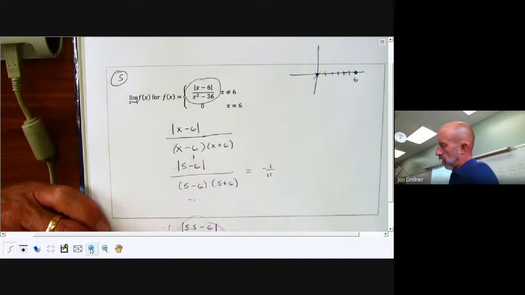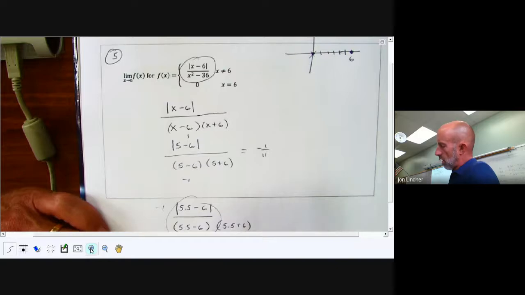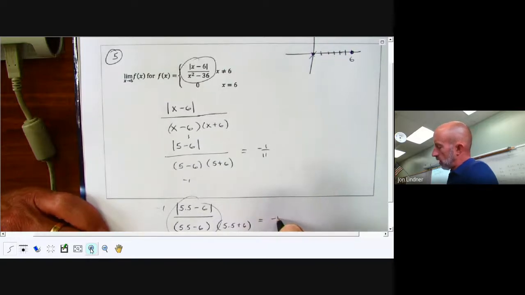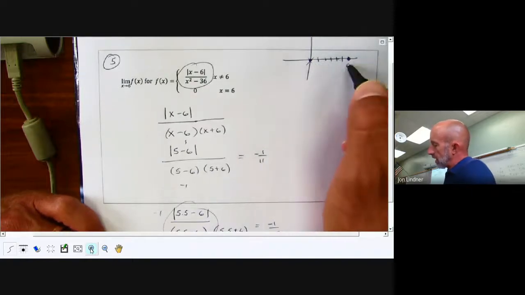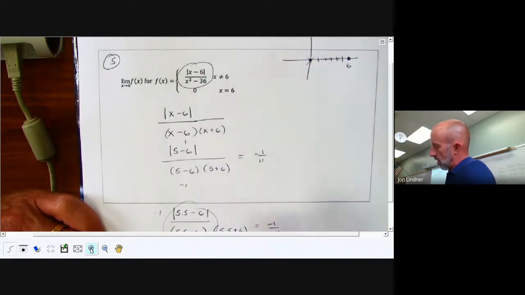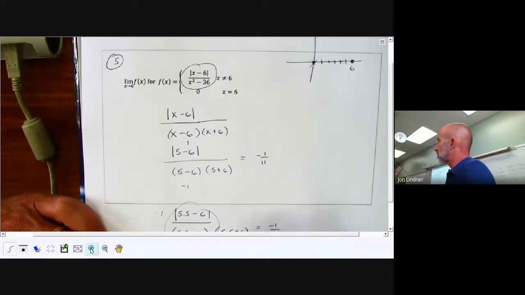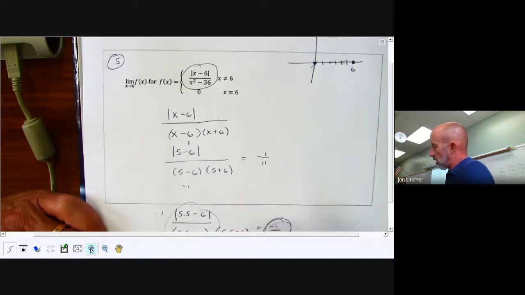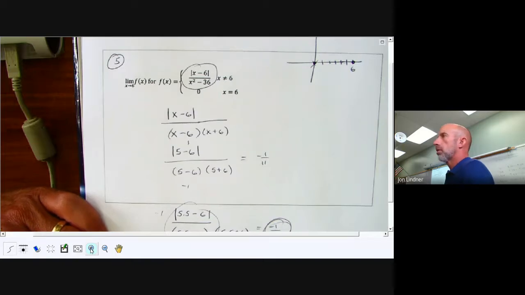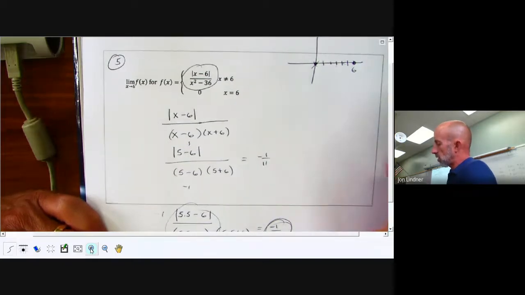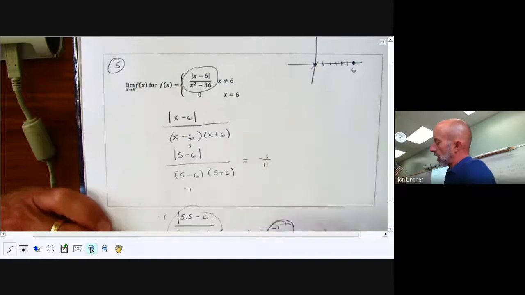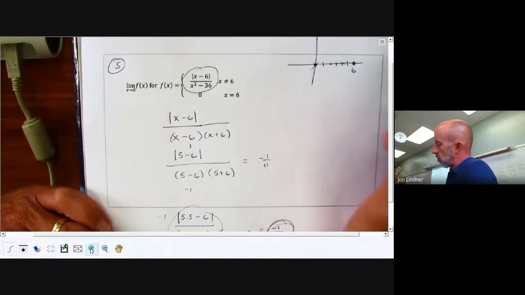We remember that from our other time we looked at that function, and I'm going to be left with negative 1 over 11.5. So the closer that I get to 6, all right, the smaller this thing becomes. Do you agree? Isn't this thing right here going towards 0? It is. All right, it's going towards 0. And if I were to look at it from the right, it would be the same thing.